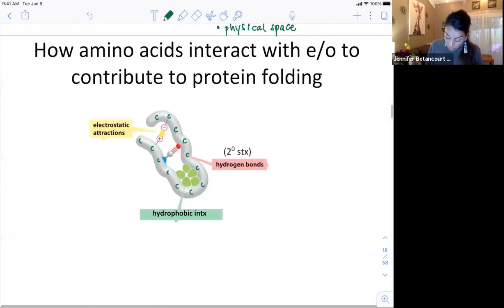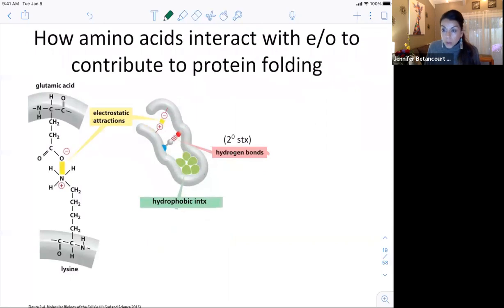Okay, so let's look at that first one that we just started talking about, the amino acid with a negative side chain and the amino acid with a positive side chain. What this cartoon is showing here is just a zoom in of the actual atomic structure, the molecular structure, the atom composition. So here's your backbone, here's your central carbon, here is the side chain that's coming off of it, and this is your acidic side chain.